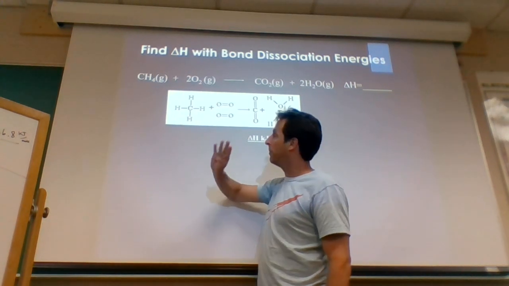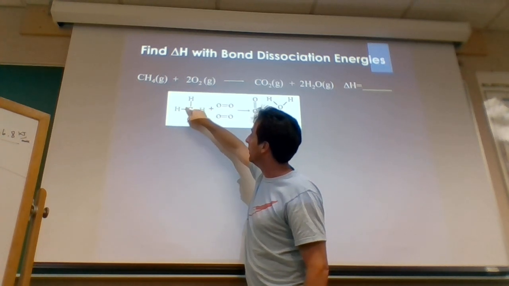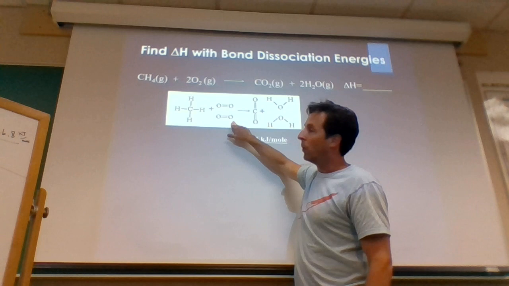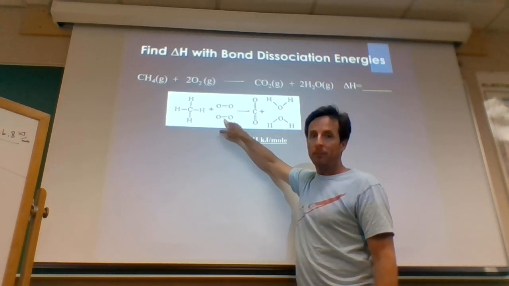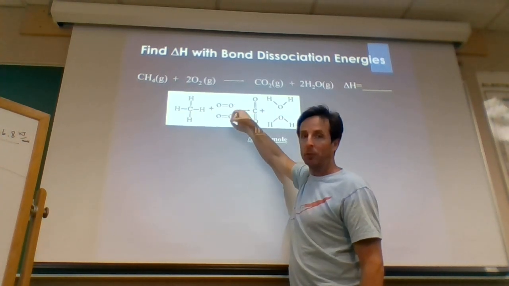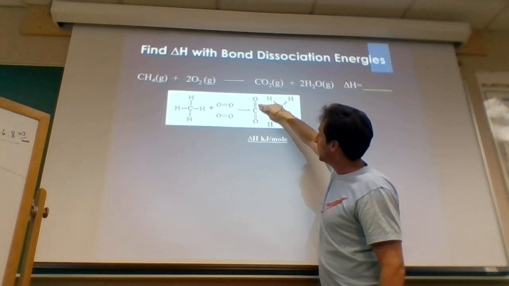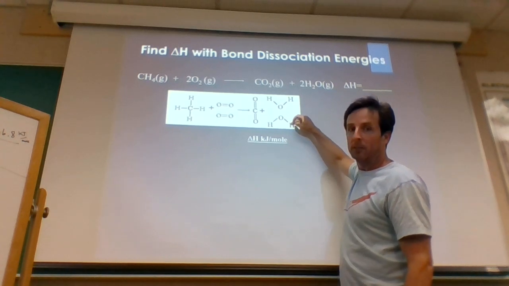So there are a total of 4 C-H bonds in this molecule: 1, 2, 3, 4. It reacts with an O2 molecule. If you draw the structure of O2, it has a double bond. But the balanced equation said there are 2 of them, so I actually have to have 2 O2 molecules right here. Then a CO2 molecule, which looks like this, and then 2 water molecules, which look like these.